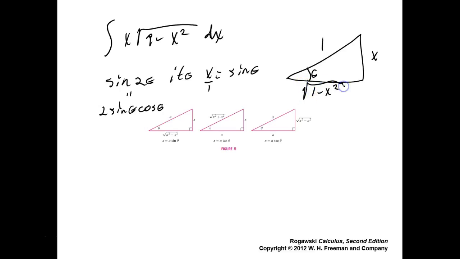Take the square root of that. You got it. So this would then be 2x, because sine theta is equal to x, times, what's cosine theta? The square root of 1 minus x squared over 1, but I'll leave off that. Okay?